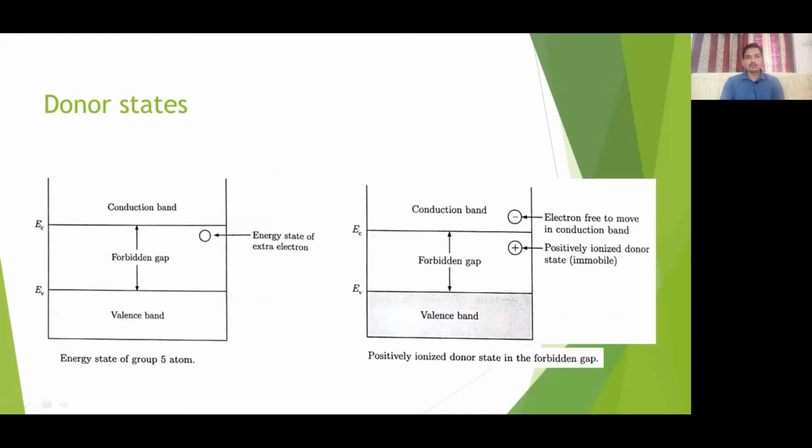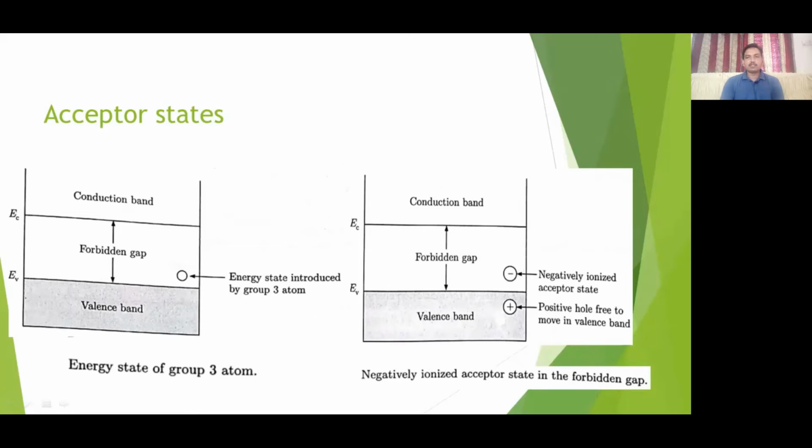Similarly, we will discuss what acceptor energy states are. This is the case of p-type semiconductors, when you add a trivalent atom as an impurity atom. So a trivalent atom has 3 electrons in its outermost shell. So these 3 electrons form pairs with the host atoms.